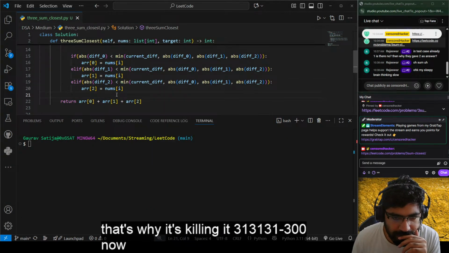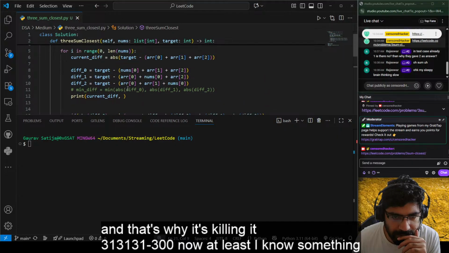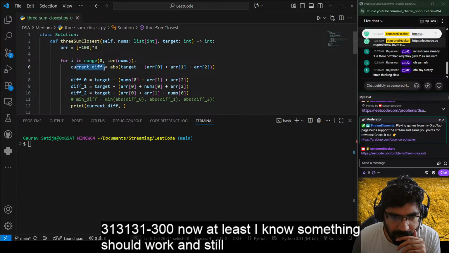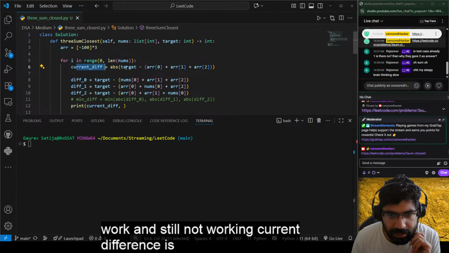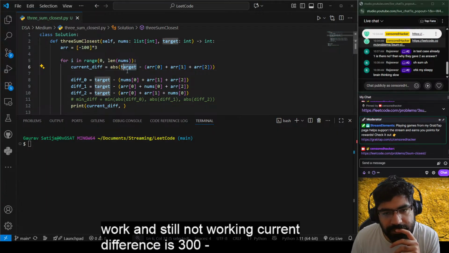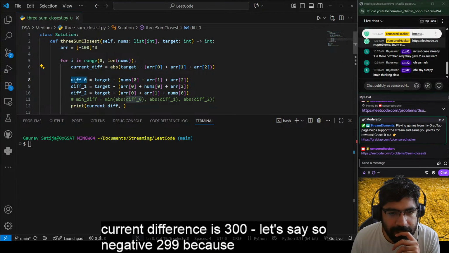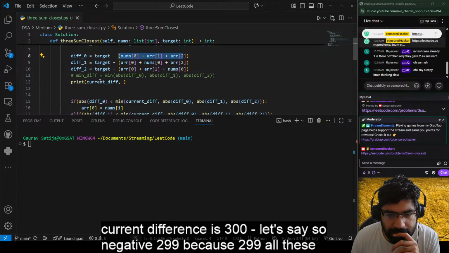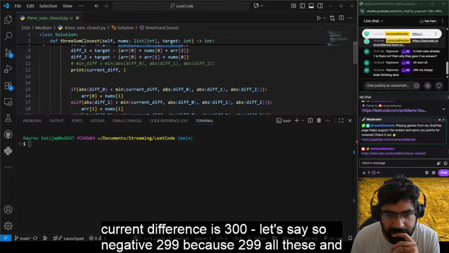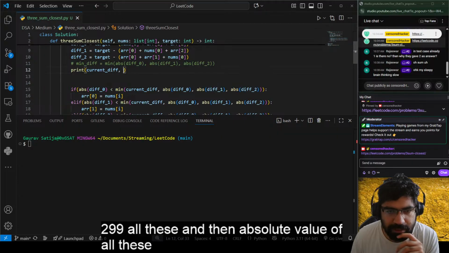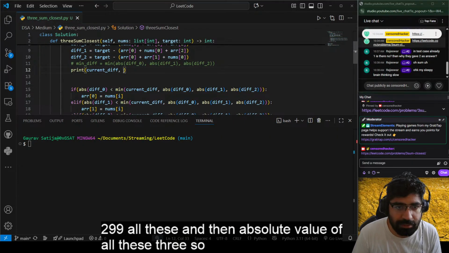Now at least I know something should work and it's still not working. Current difference is 300 minus, let's say, negative 299 becomes 299. All these, and then absolute value of all these three.